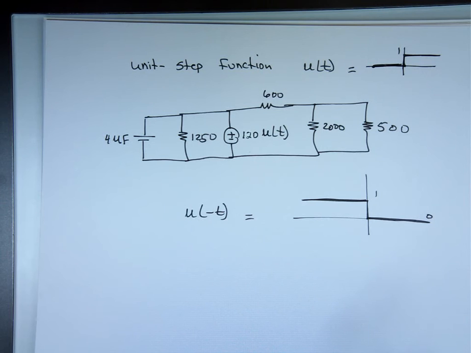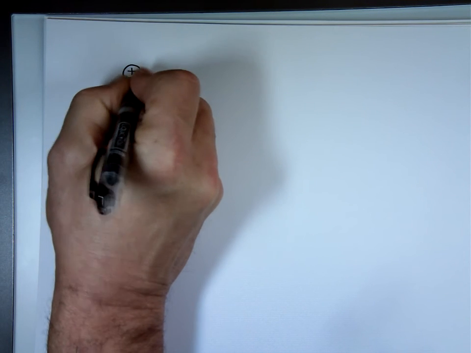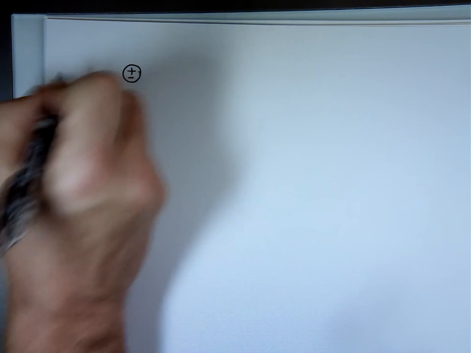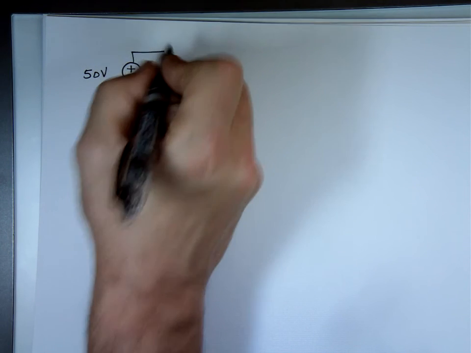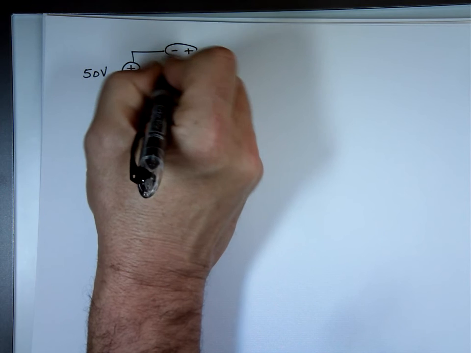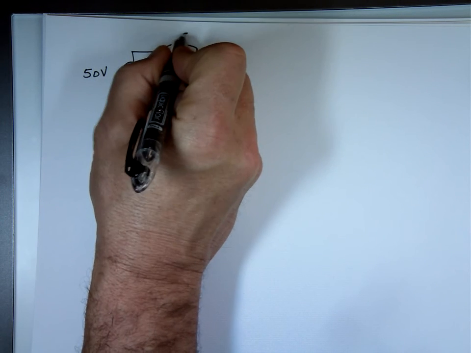Let me take a problem. So let's look at this one. 50 volts, and I have another source here, and let's see the value of this: 50 u sub t.